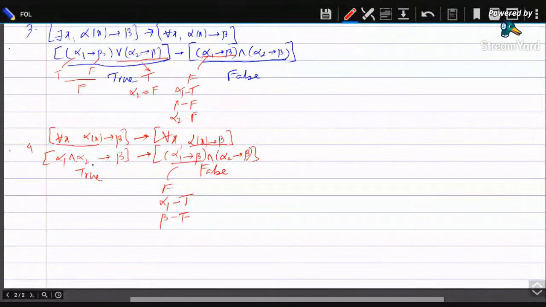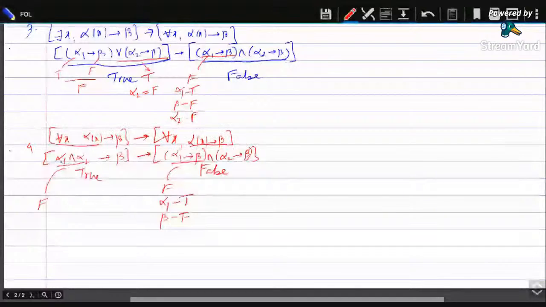Okay, coming to the left hand side, you want to make sure that this is true. The simplest way is to make sure that this is false. If you make this false, false implies anything is always true. So the simplest way is to make the left hand side false. What is left hand side? Left hand side is alpha 1 and alpha 2.